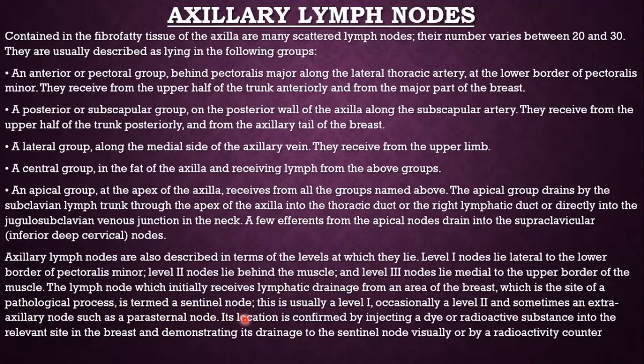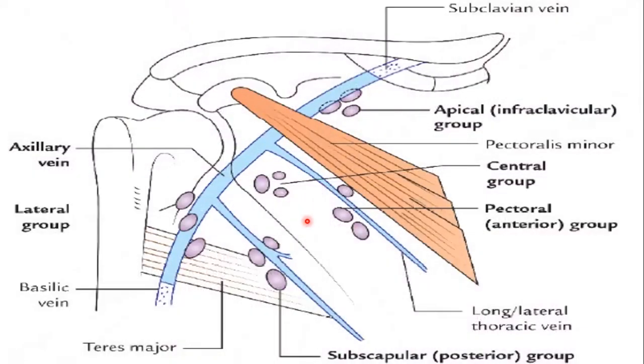And the location of the sentinel nodes is usually confirmed by injecting a dye or a radioactive substance into the relevant site in the breast and demonstrating its drainage to the sentinel nodes visually or by use of a radioactivity counter.